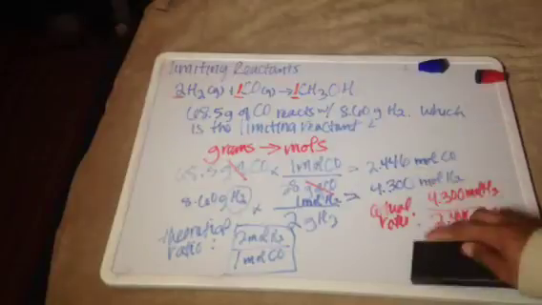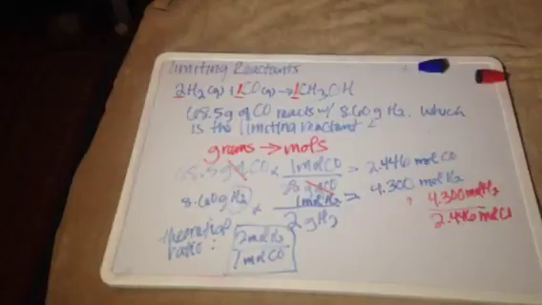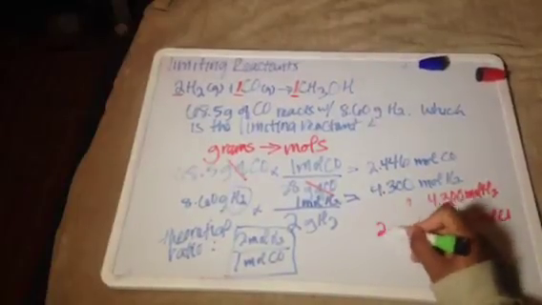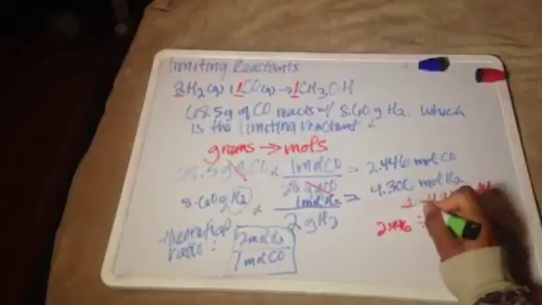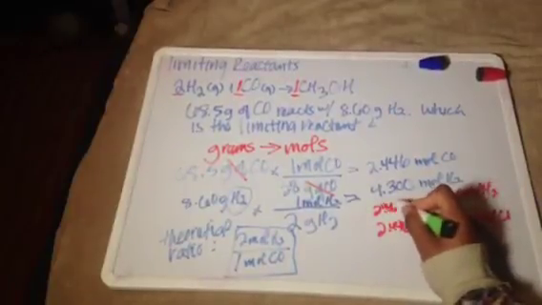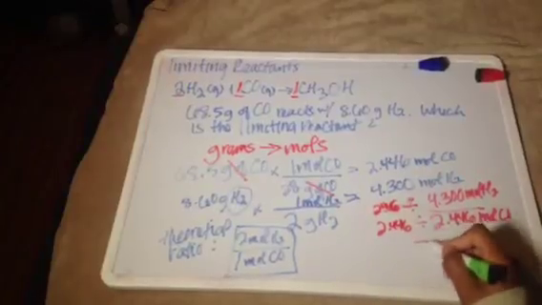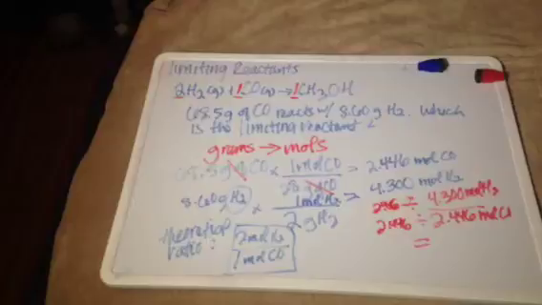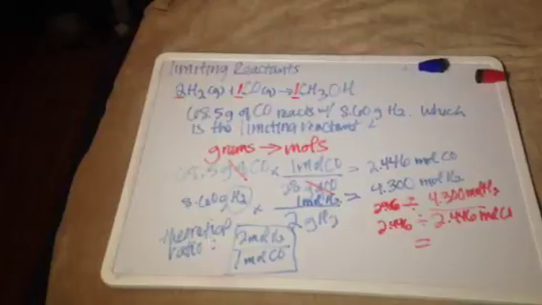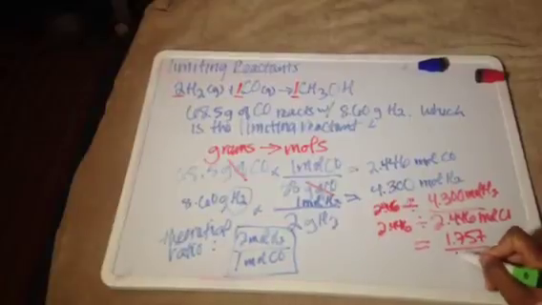If I move this over, I'll say divide by 2.446, divide by 2.446. And what happens is we end up with 1.757 over 1.